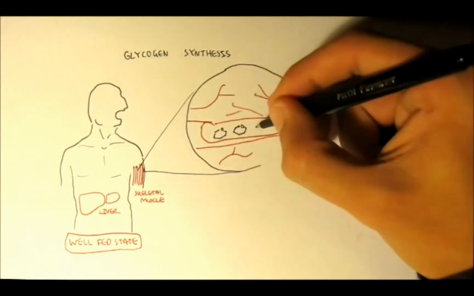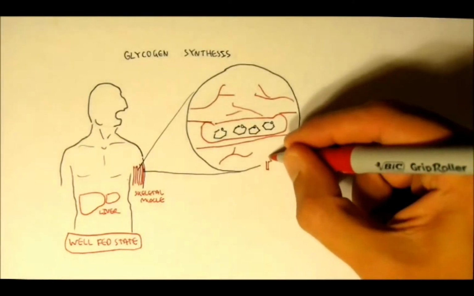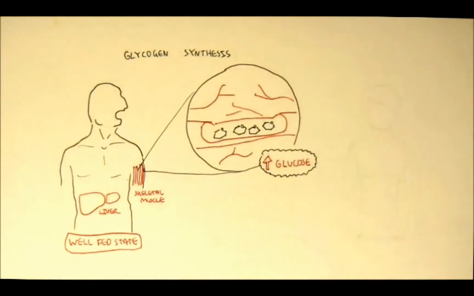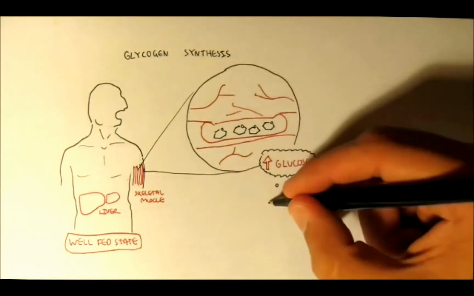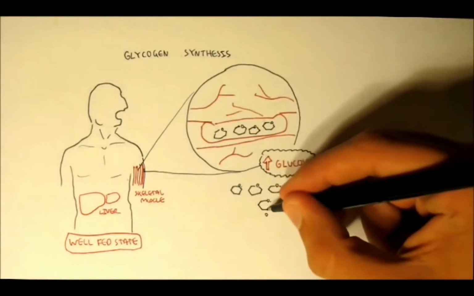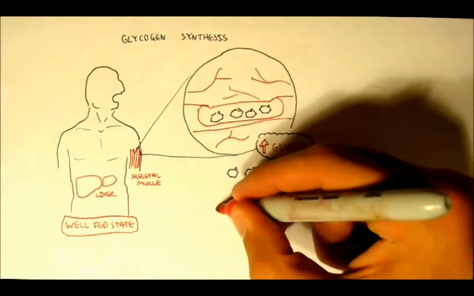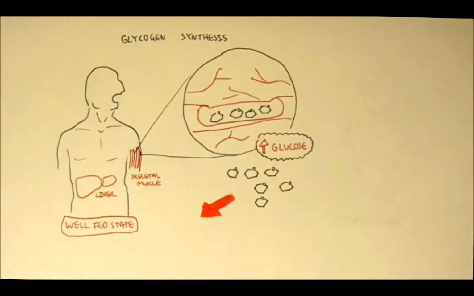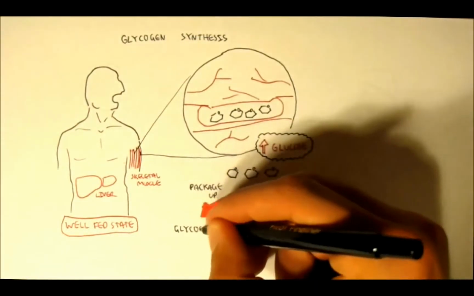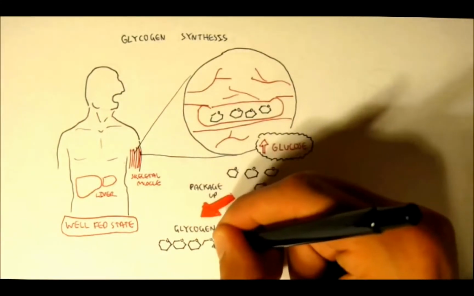So he has high blood glucose levels after eating. This is normal. Now, when there are high blood glucose levels, the body will package up these glucose molecules to form glucose polymers known as glycogen, so that it can be stored easily. And this glycogen can then be stored in skeletal muscle or the liver for use.